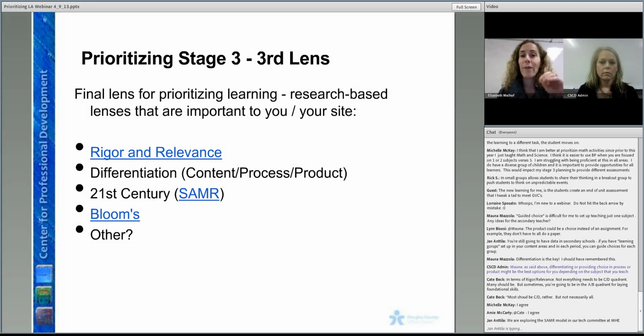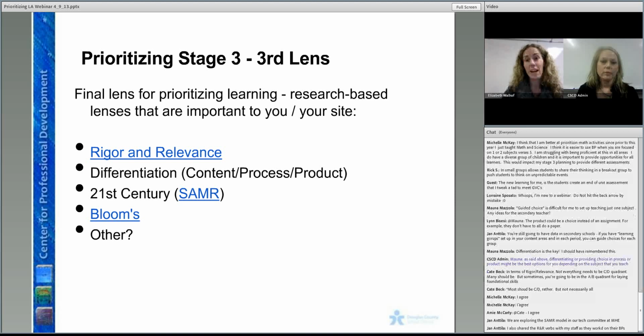And then what that enabled her to do was to say, sure, not everything needs to be in CD, but if my assessment is in CD and all of my learning opportunities are in AB, well, that's a mismatch. I haven't set my students up to be successful on the assessment. So that was a really nice way that they could look at that.